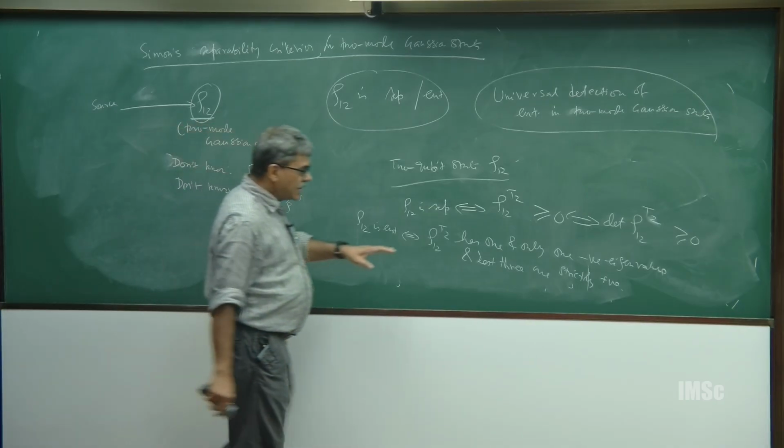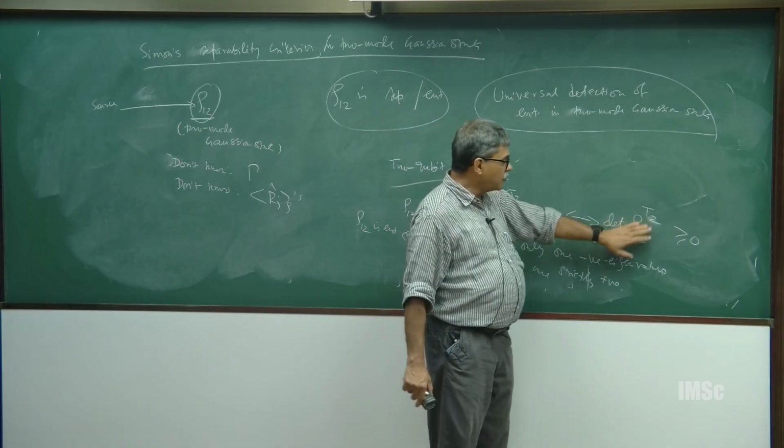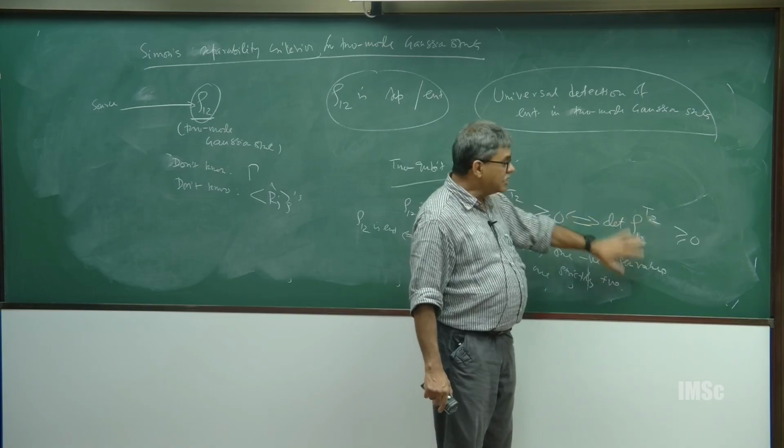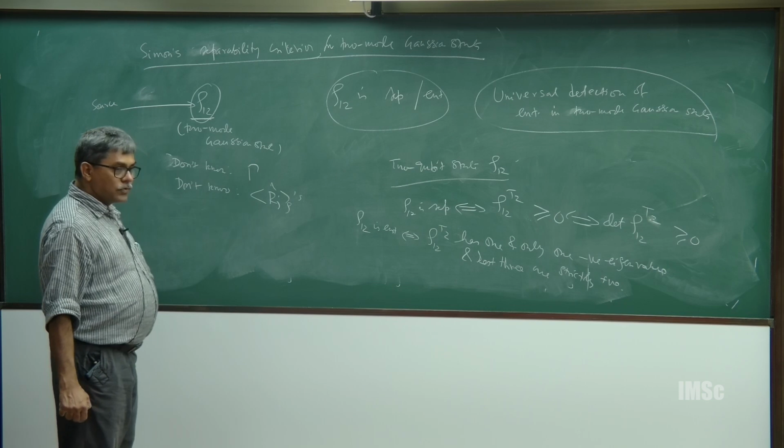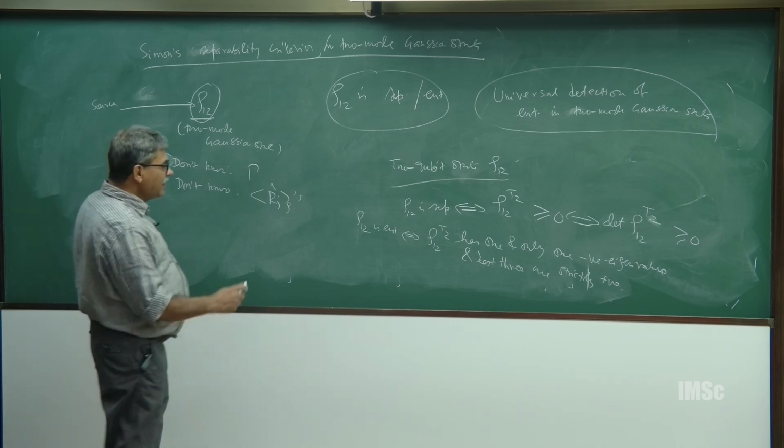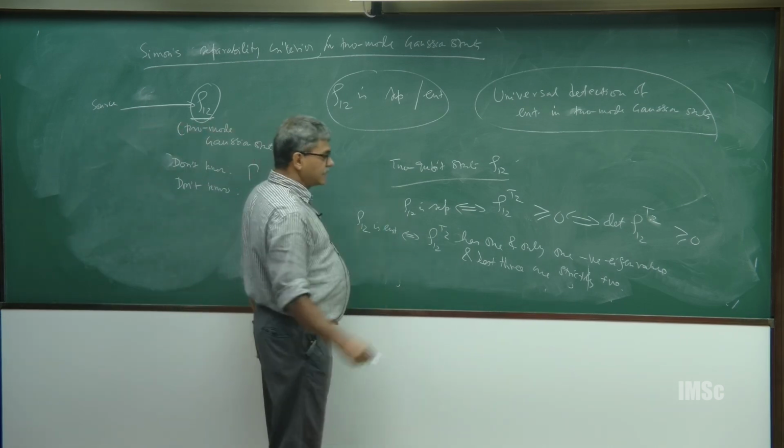Because in that case only, the determinant of rho 1 2 partial transposition will be negative, okay, right. So, this is the case for 2 qubit states.